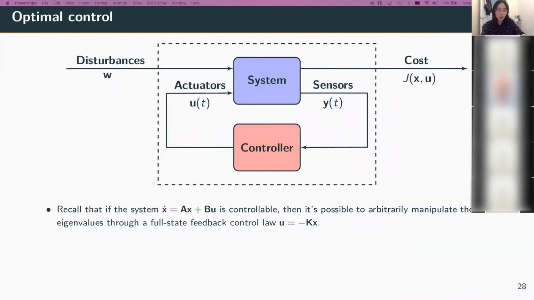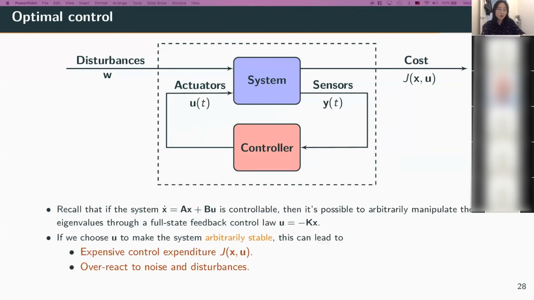Coming back to our picture that we saw in the beginning, recall that if the system x dot equals Ax plus Bu is controllable, then it's possible to arbitrarily manipulate the eigenvalues through a full state feedback control law, u equals minus Kx. So, arbitrary eigenvalue placement.